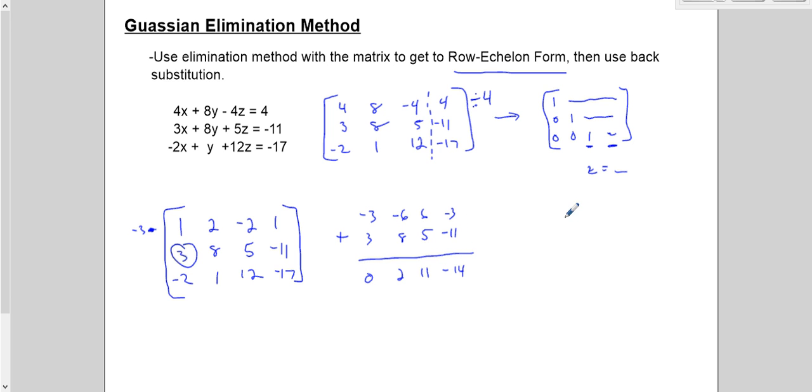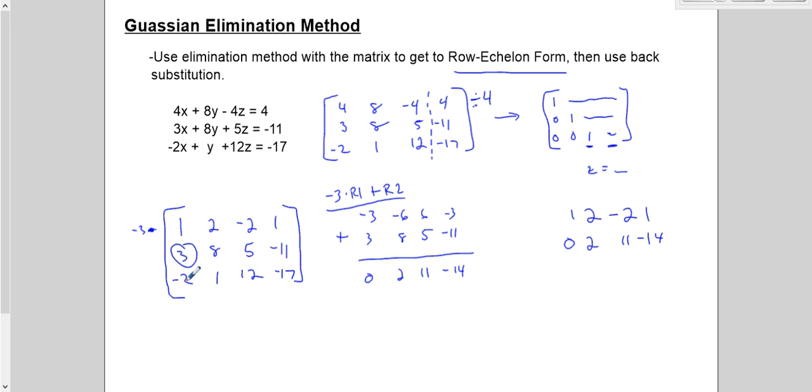Okay? So I'm going to write my second row as this new set of numbers here that I got when I added -3 times row 1 plus my row 2. Okay, so that's what my operation was.